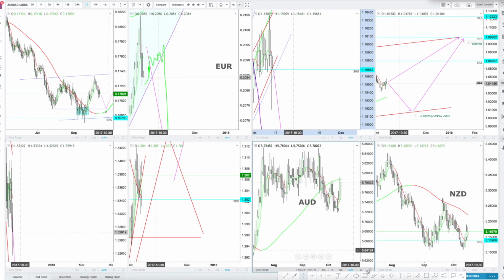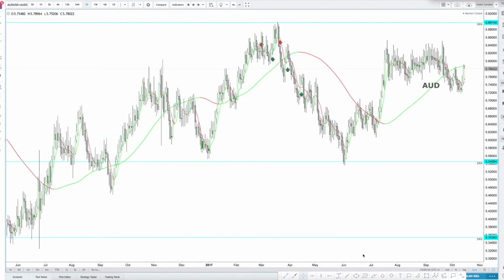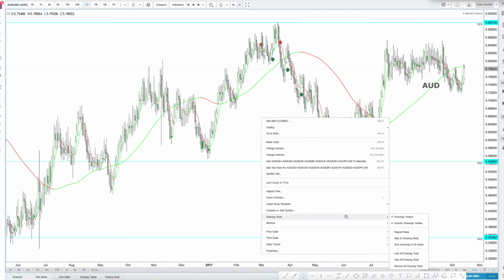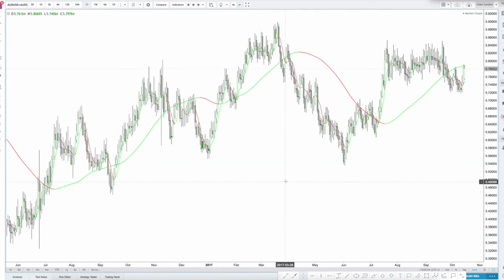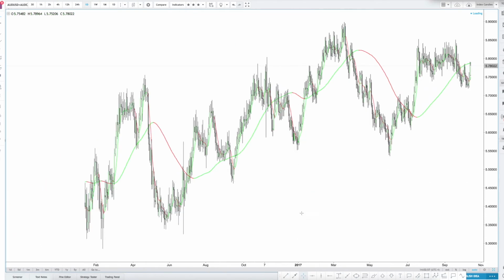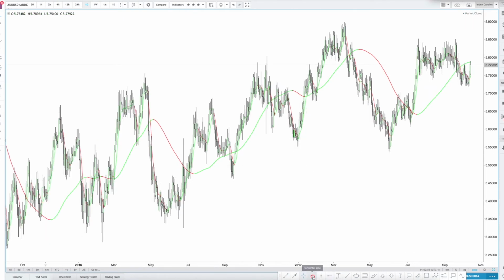So let's look at Australian dollar. It's kind of flat. Let me remove some of these things so they're not bothering you. Alright, just do it all over. So let's throw in some support resistance.